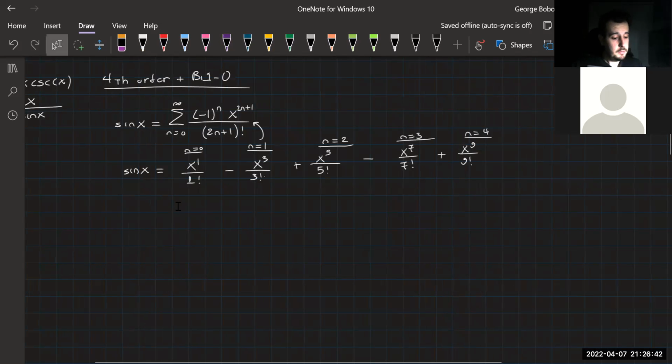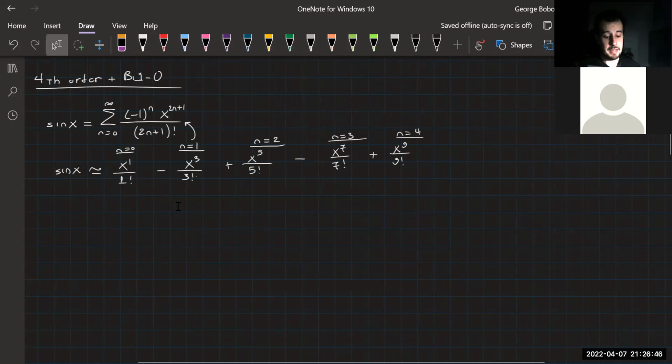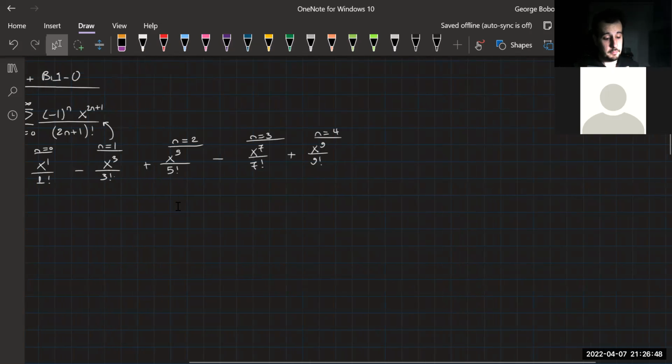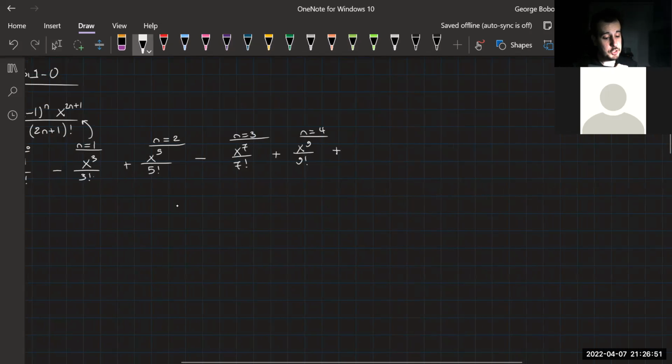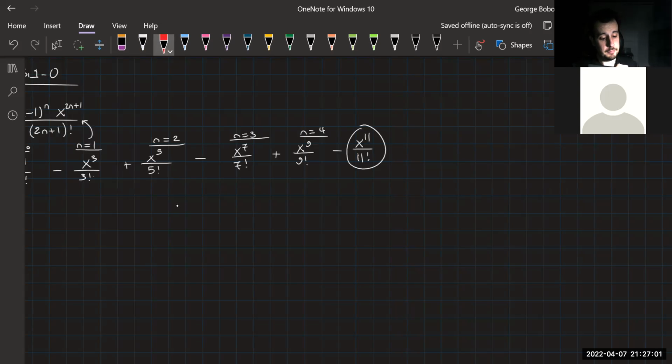So sine of x is approximately equal to that. Now, the next term would have been negative x to the 11 over 11 factorial. That's the pattern here. But this is of order x to the 11.